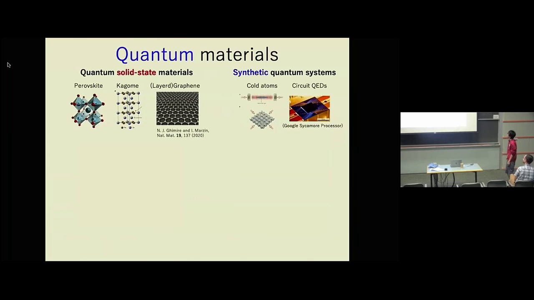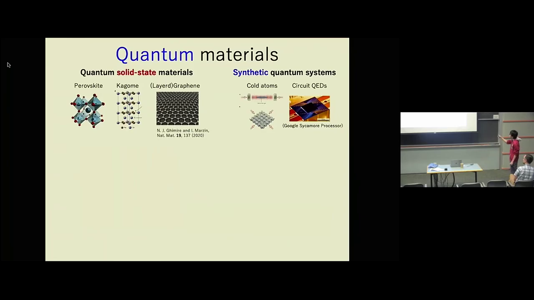Okay, so because I'm probably the only person in this workshop working on quantum materials, I think it makes sense to introduce very briefly what it is. Solid-state materials, all the solids that you see in daily life, have many lattice structures depending on the material.